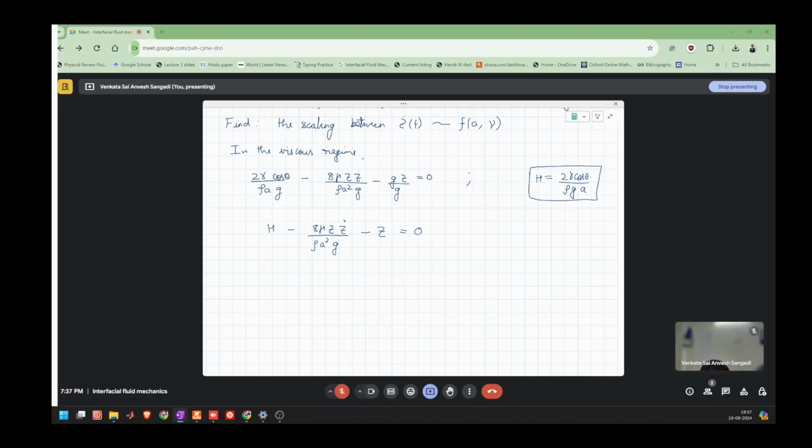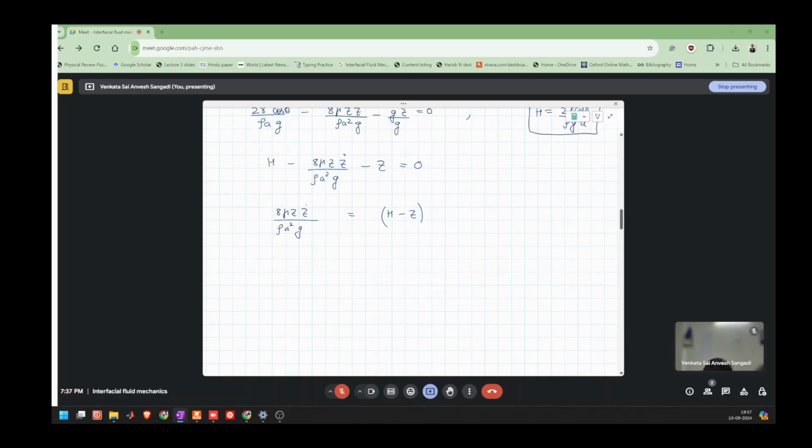So now if we take it to the right hand side, we have 8 mu z z dot by rho a square g is equal to h minus z. So now we have z dot is equal to rho a square g by 8 mu, z h minus z.